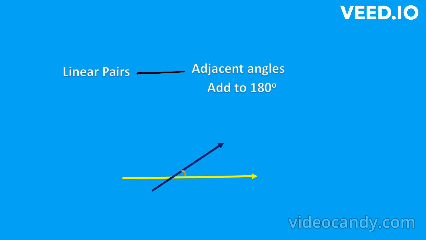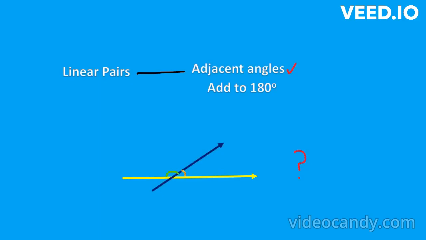We have two angles that are formed. Are these two angles adjacent? Yes, they are adjacent because they share a common side.